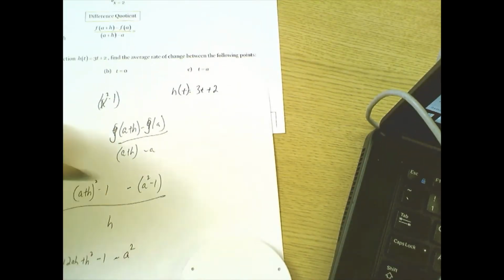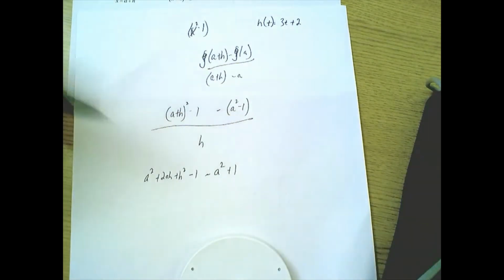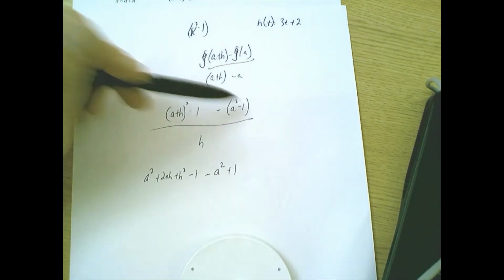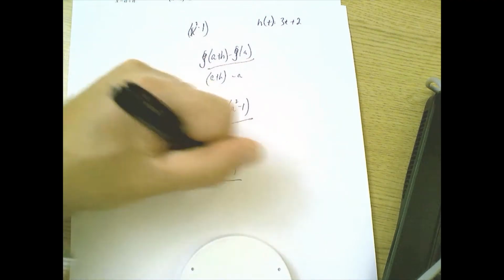If I expand, I'm going to have a squared plus 2ah plus h squared minus 1 minus a squared plus 1. So let me just move my handwriting. Sorry for that as I expanded what's up here. Notice again, I'm subtracting a squared minus 1. That's why I have minus a squared plus 1 over here. This is all over h.